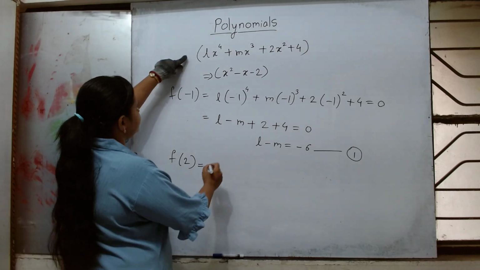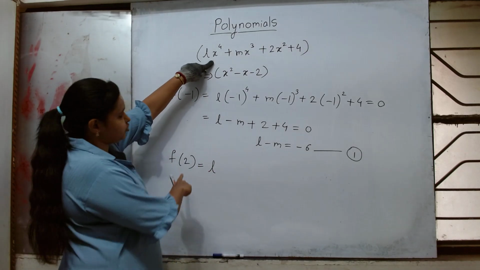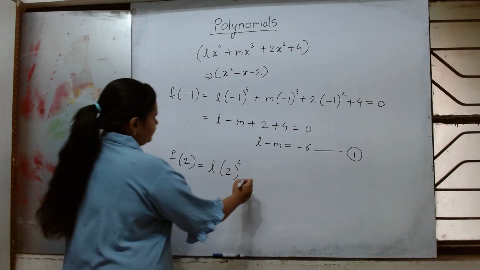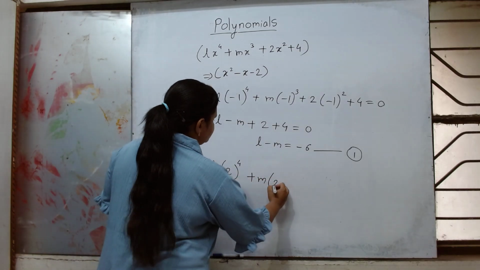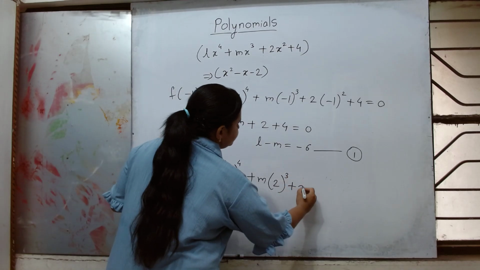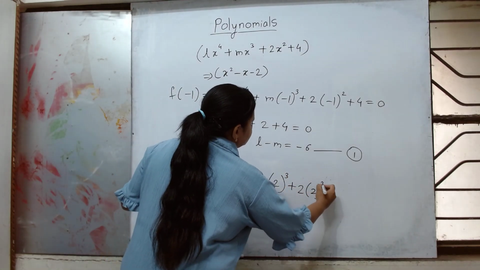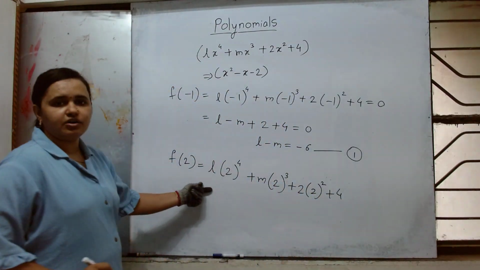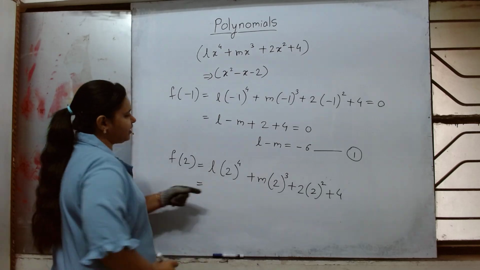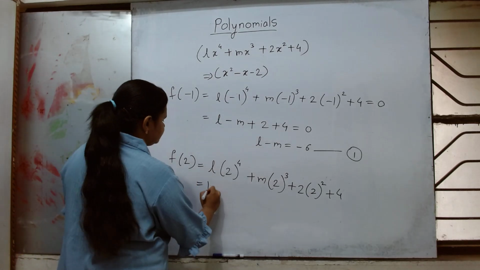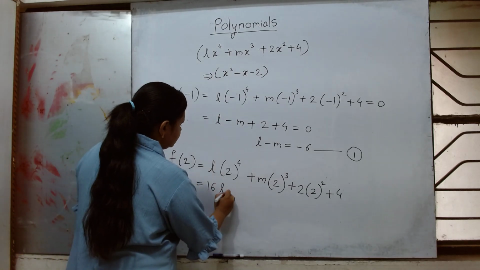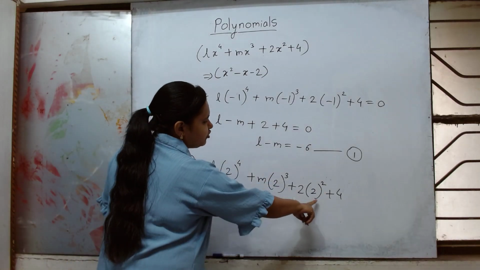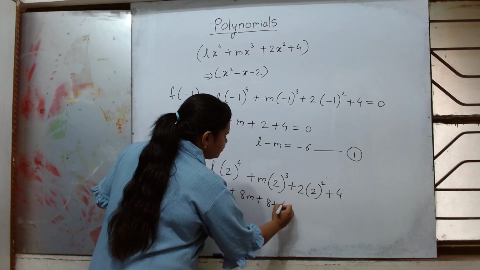So f of 2 will be L, putting 2 instead of x, 2 to the power 4, plus m 2 cube, plus 2 square, plus 4. Now solve it. 2 to the power 4 is 16, plus 2 cube is 8, 8m, plus 2 square is 4, 4 times 2 is 8, plus 4.